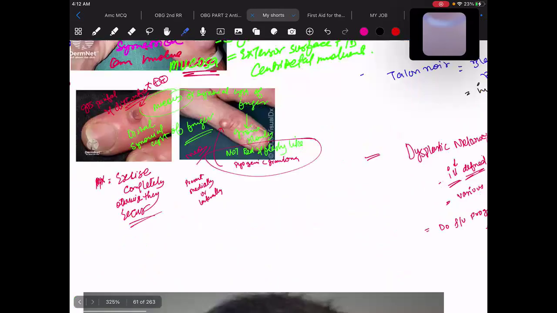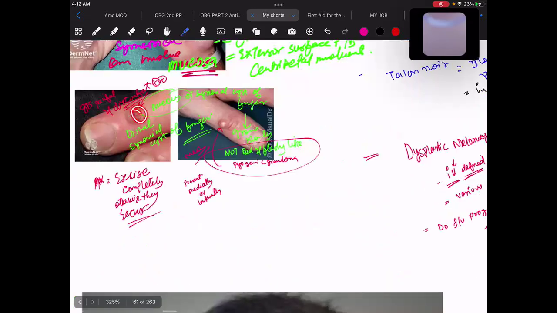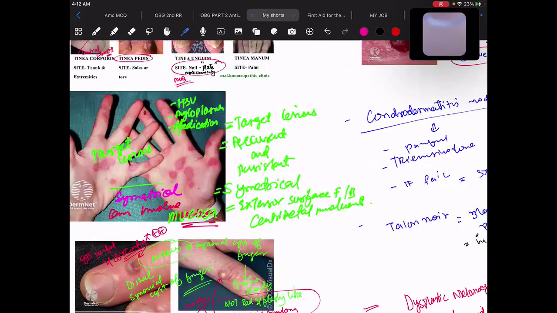But here it is not reddish; basically it is mucus or synovial fluid which has accumulated, and it is painful with discomfort. It grows slowly and is non-red and fleshy unlike pyogenic granuloma. It presents medially or laterally, and excise the lesion completely, otherwise it will recur.